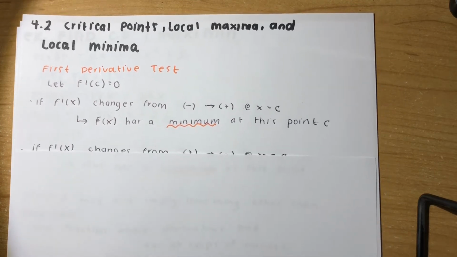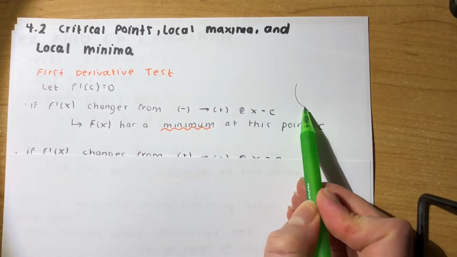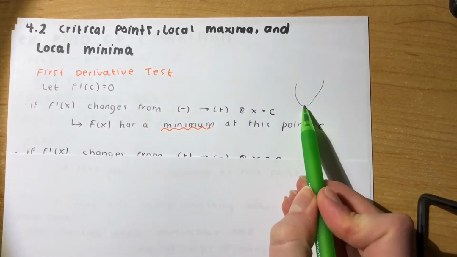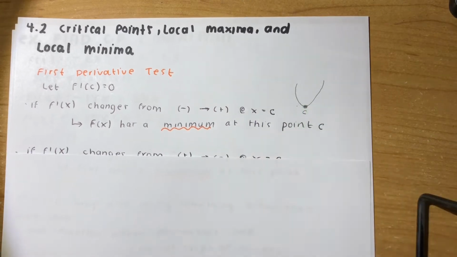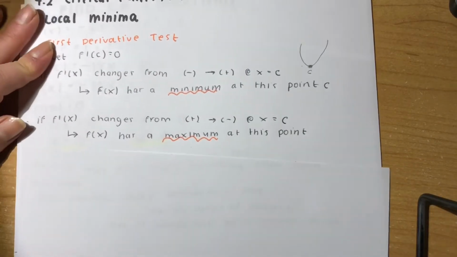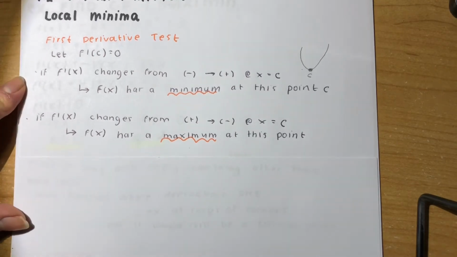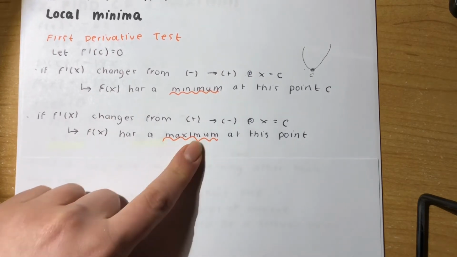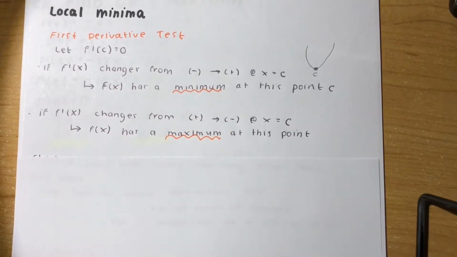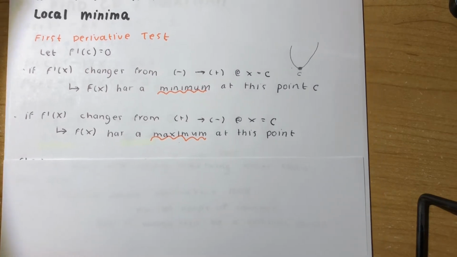Basically what that is saying is if a function is going from decreasing to increasing, the point where the direction changes is c, and that becomes a minimum, as you can see there. On the other hand, if f prime of x changes from positive to negative at a point x is equal to c, f of x has a maximum at that point.